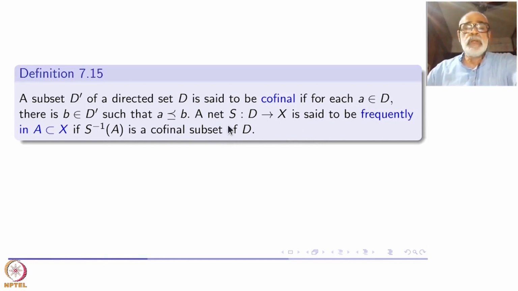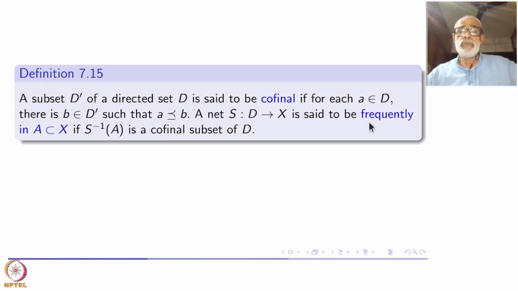Okay, which is somewhat weaker than eventually inside A. Eventually is much stronger than just having a subsequence being there.